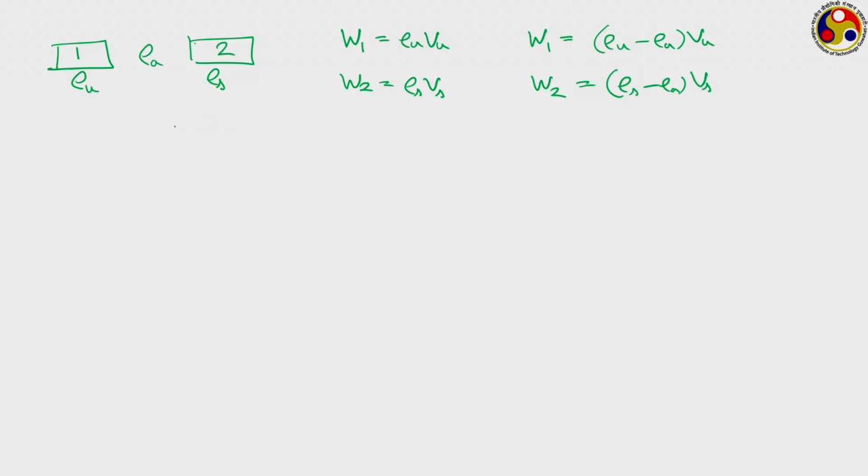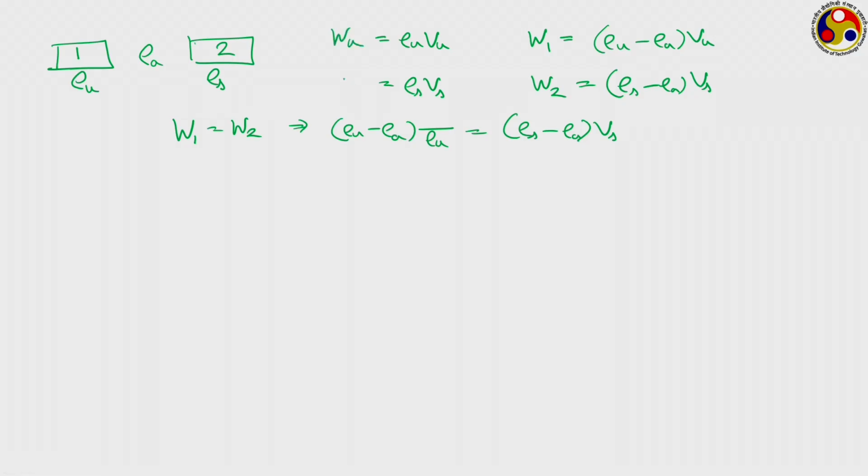And now by performing the balance we should have W1 equal to W2. So we have (rho u minus rho a) into V u is equal to (rho s minus rho a) into V s. Now let us suppose we replace this V u with, let me change the symbols. Let me say W u is the actual mass that we are trying to measure, W s is the actual mass of the counterweights, but the actual reading that we are getting is W1.